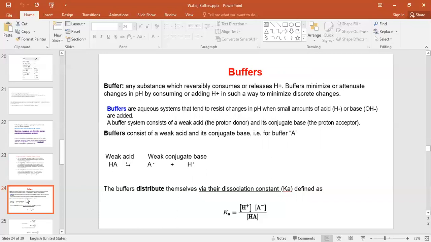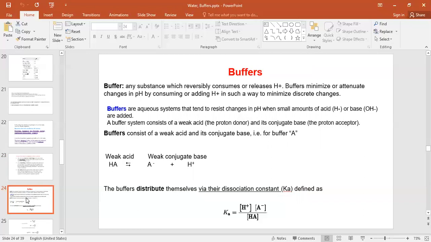This aqueous system contains a weak acid and its conjugate base: the weak acid acts as a proton donor, and the conjugate base acts as a proton acceptor.